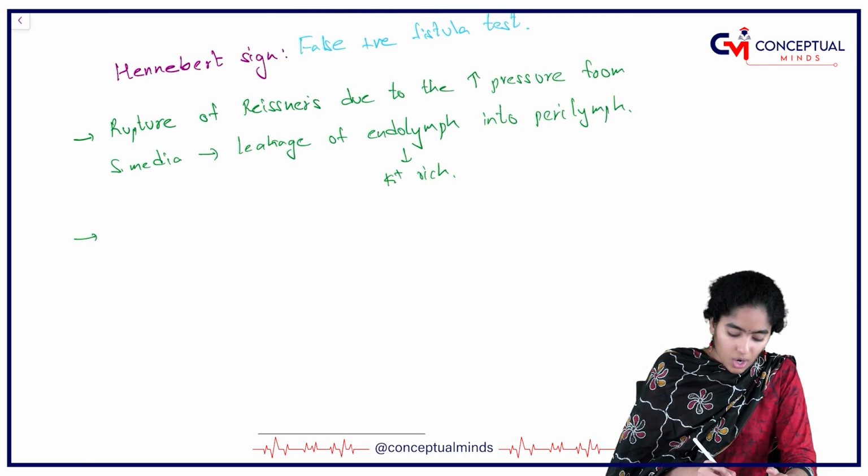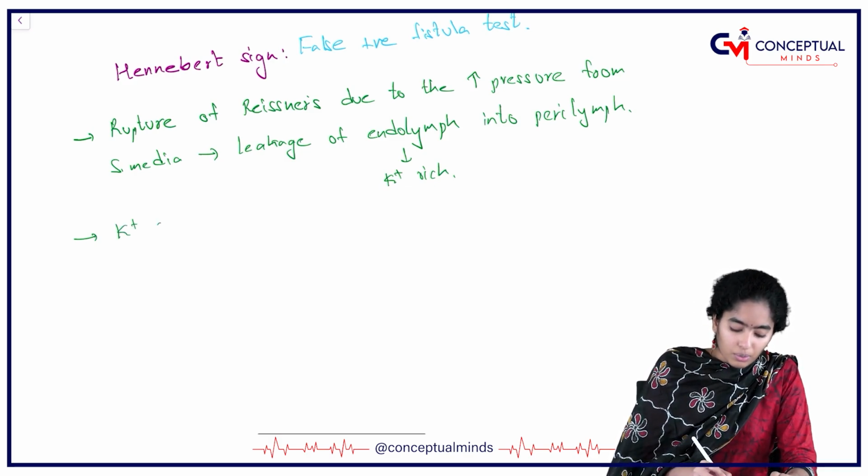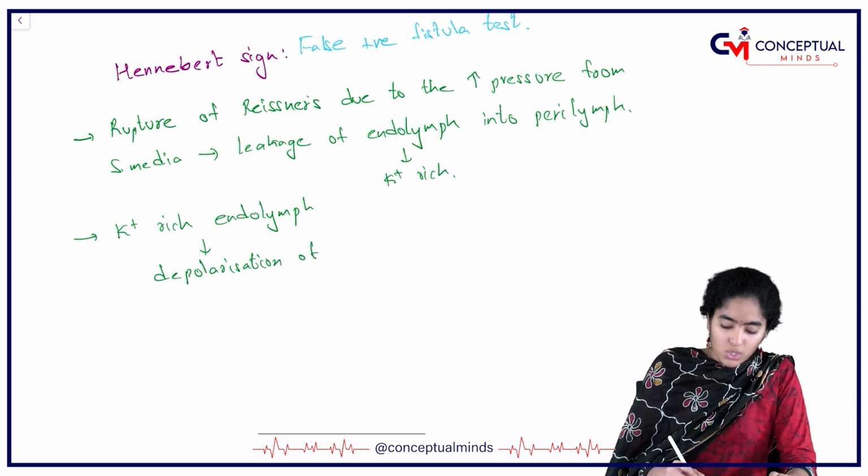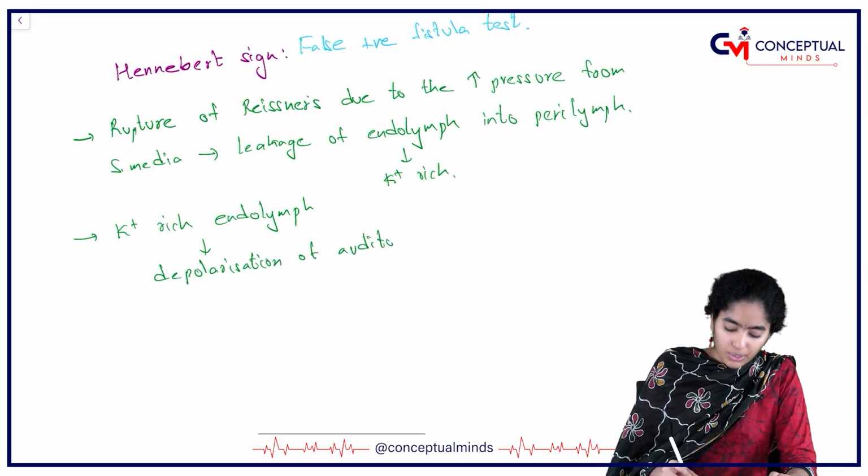It causes depolarization of neurons. Potassium-rich endolymph causes depolarization of both auditory as well as vestibular neurons.